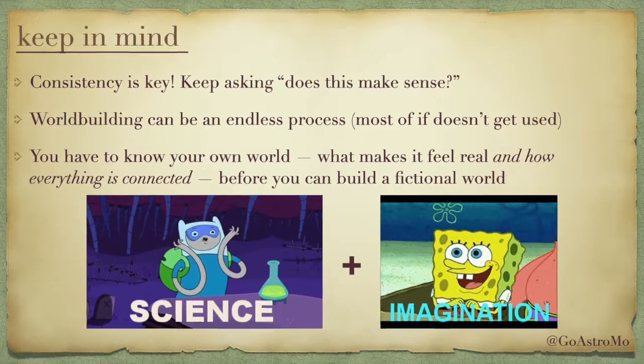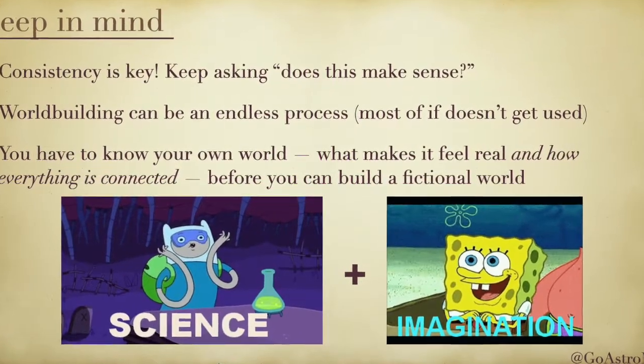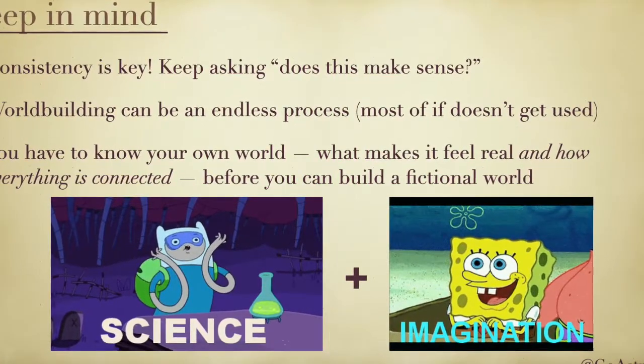Because the way that I do it, world building is the beautiful marriage of science and imagination. And you can have all the imagination you want, but if you don't have the factual underpinning, then it's not going to connect. So please keep that in mind, that you should constantly be learning.